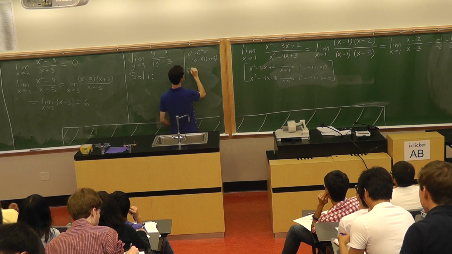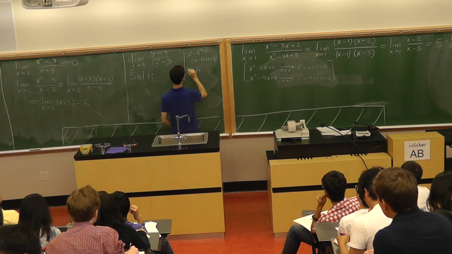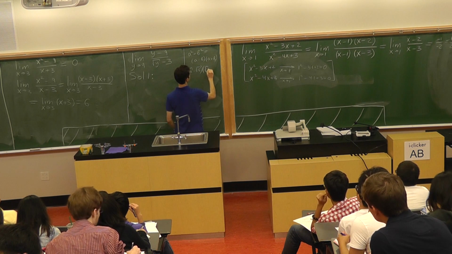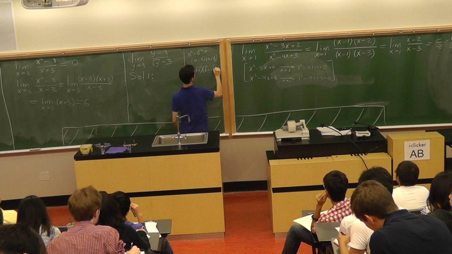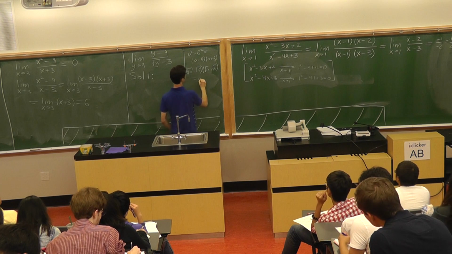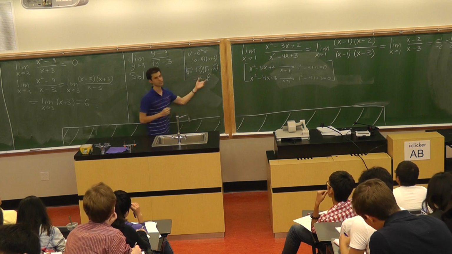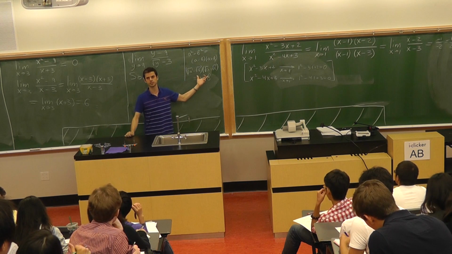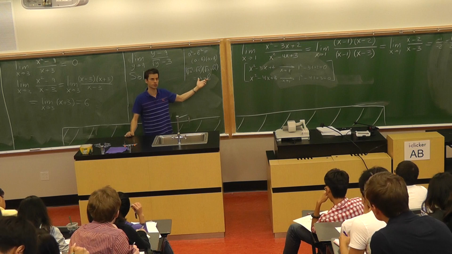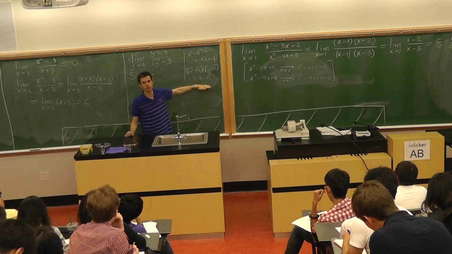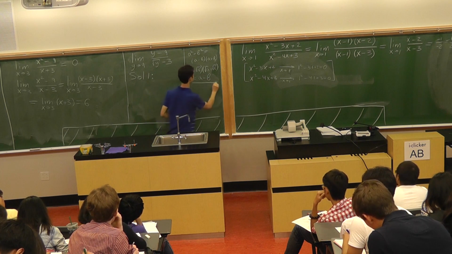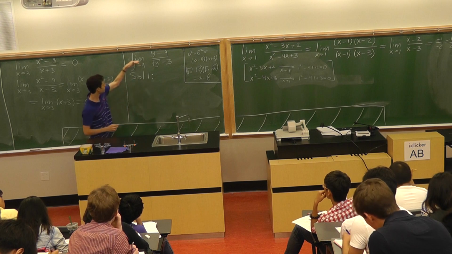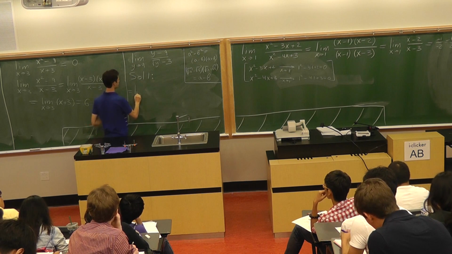So sometimes when we have square roots, something like square root of a minus square root of b times square root of a plus square root of b, the product is a minus b. So sometimes we can simplify expressions with square roots by using such a formula. And in this example, it works like this.